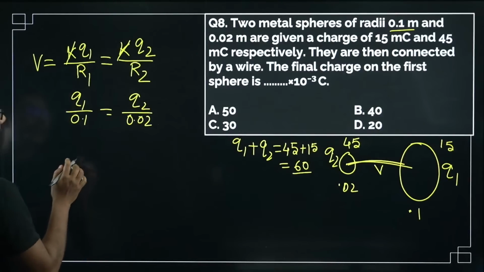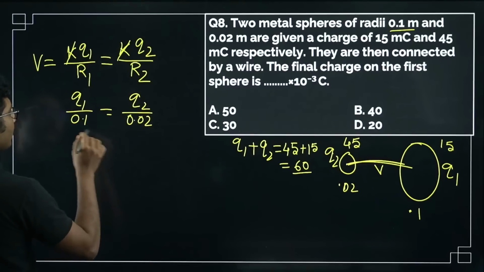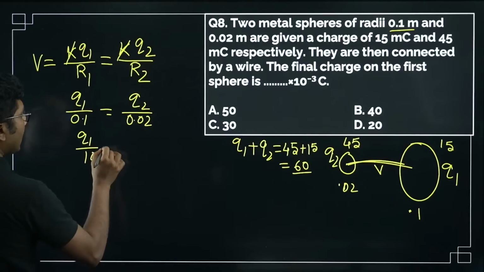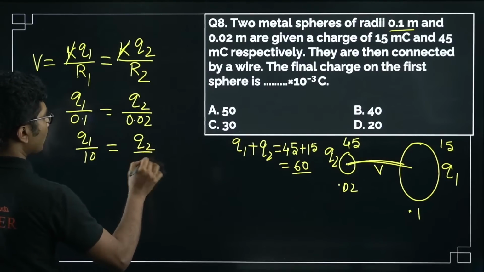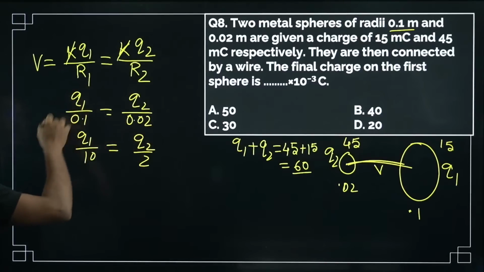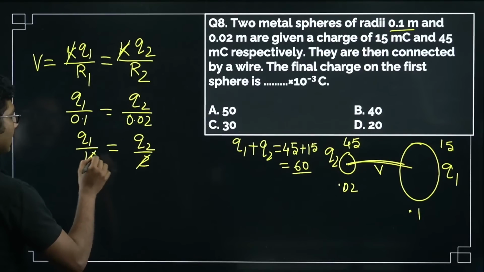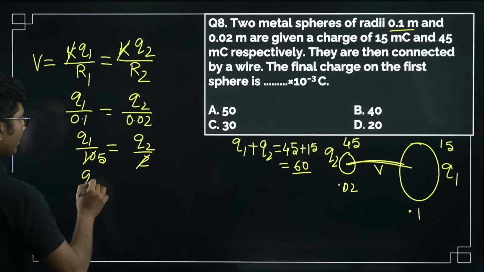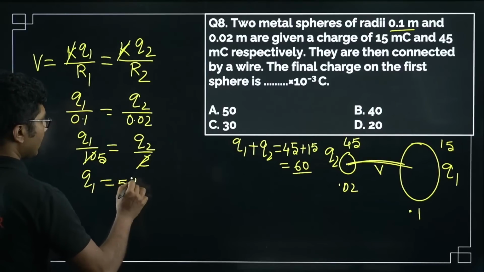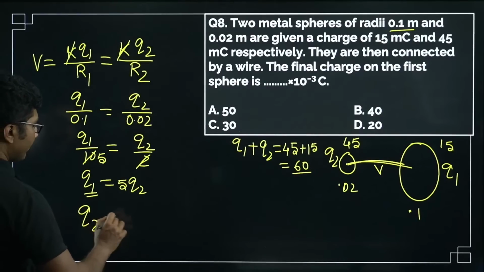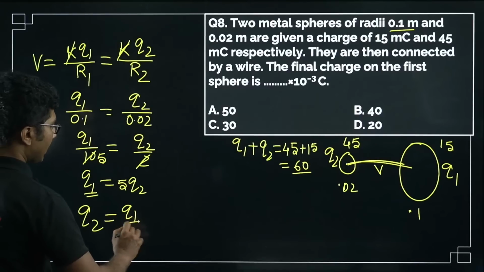So this is how we can solve this question quickly. So obviously you can write this as Q1 by 10 equals to Q2 by 2. So we have multiplied by 100 on both sides and we get this relation, right? So Q1 equals to 5 Q2. Now we are trying to find Q1. So what we will do, you will find Q2 is equal to Q1 by 5.